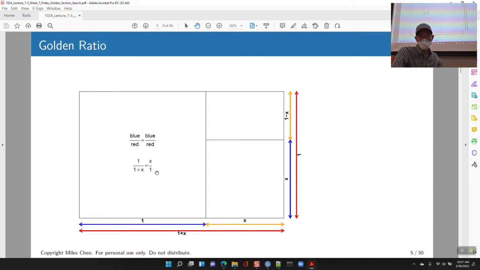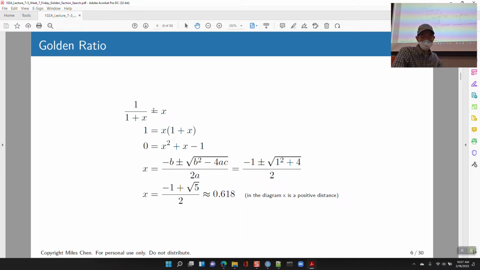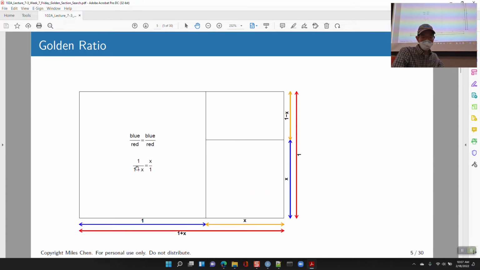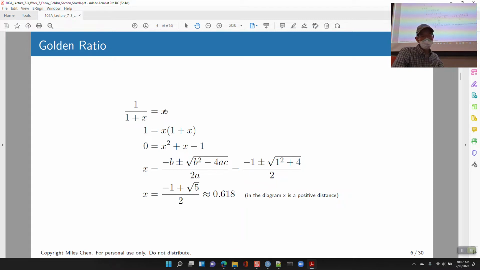So what is this value x? If 1 divided by 1 plus x is equal to x, then solving for x, multiplying both sides, I get 1 is equal to x times 1 plus x. If I multiply this out, I get x squared plus x minus 1 is equal to 0.